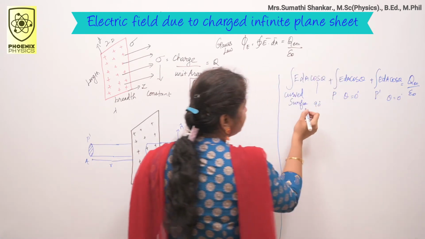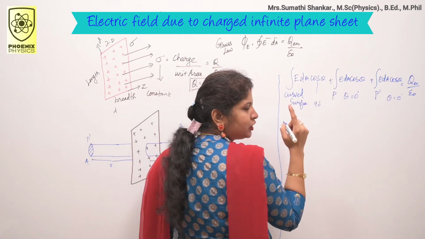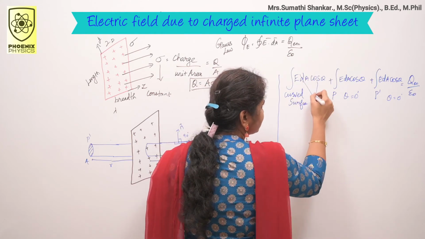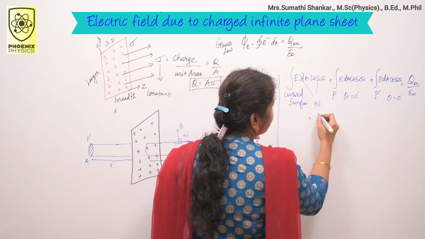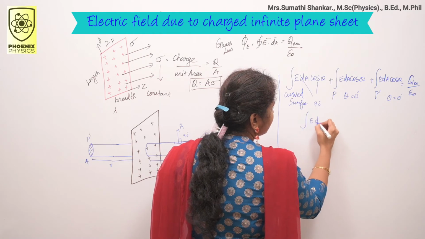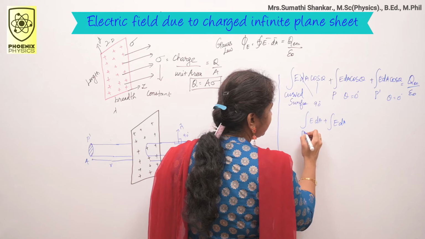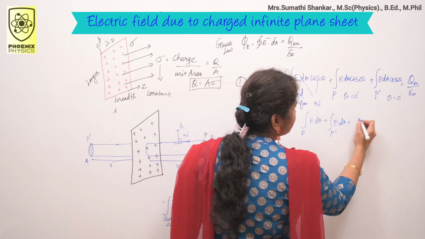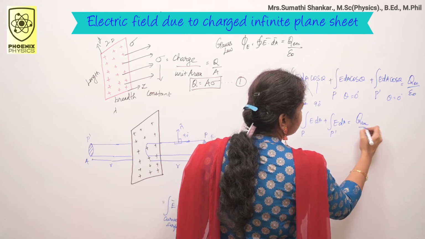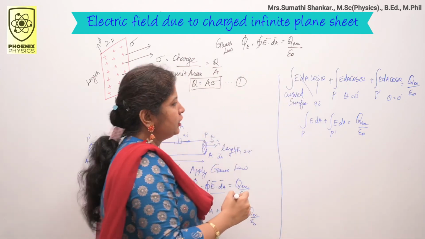So how do you write? Here cos 90 is 0, so you cancel this integral. The remaining is integral E dA plus integral E dA, this one for P and this one for P dash, equal to Q enclosed by epsilon naught.